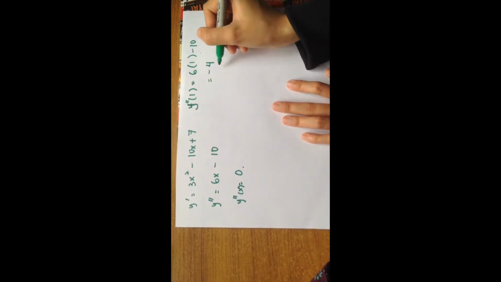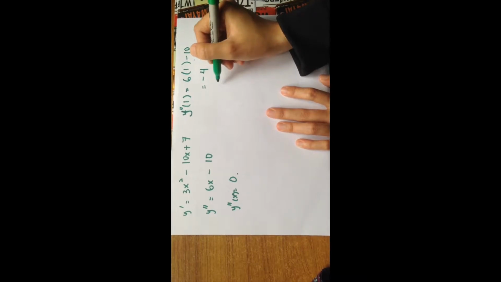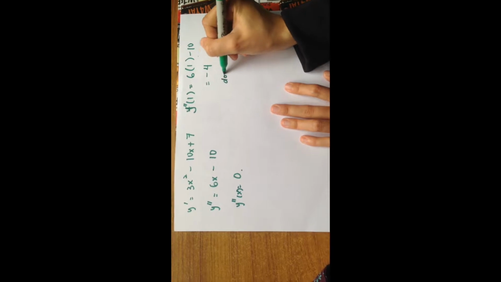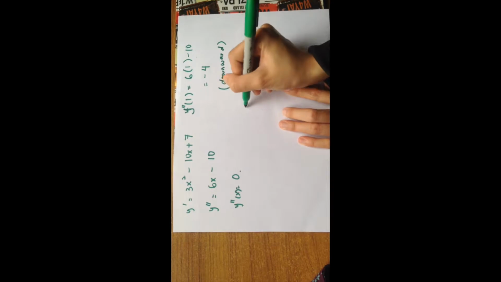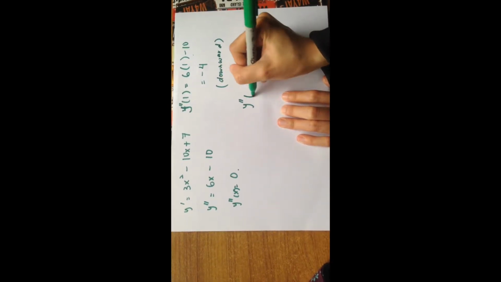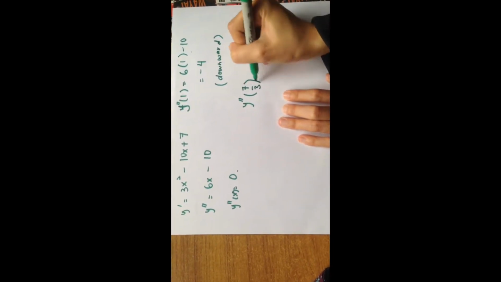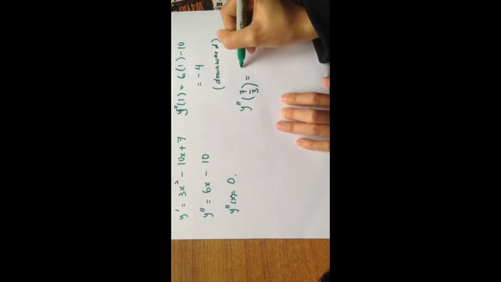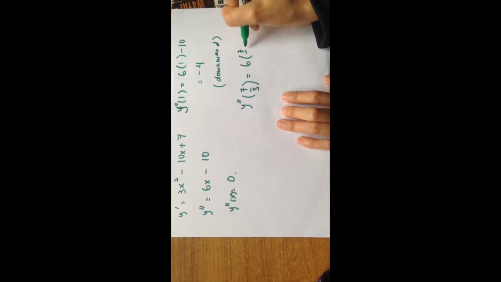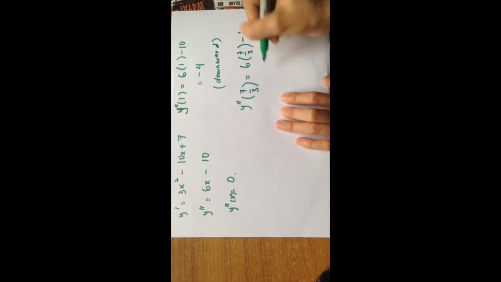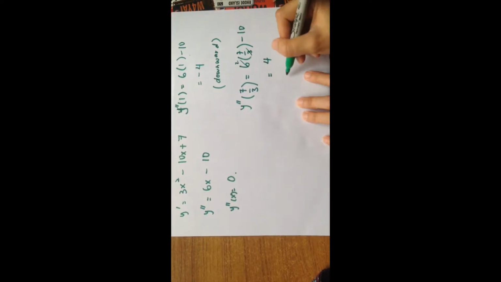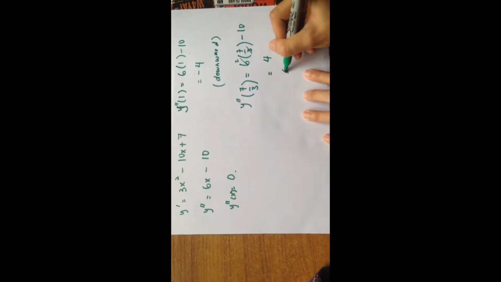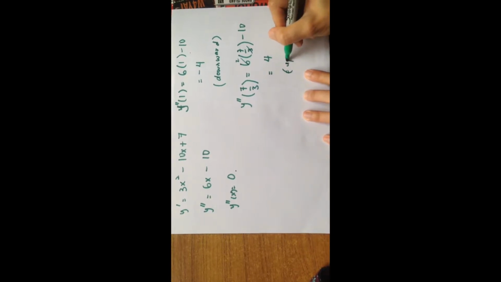So this means the graph is curved downward. For the other point, 7/3, we substitute in the equation, so we get 4. So it's curved upward.